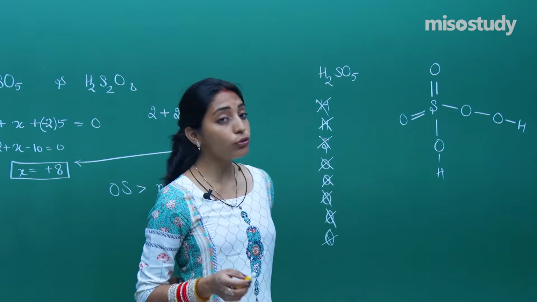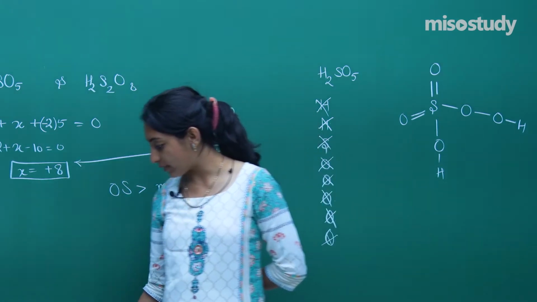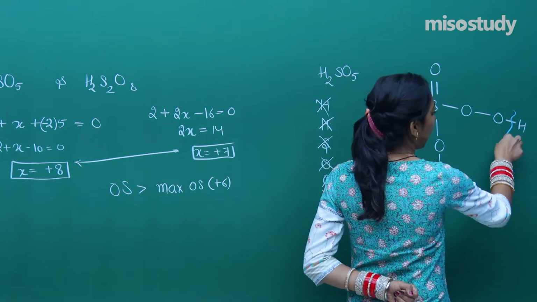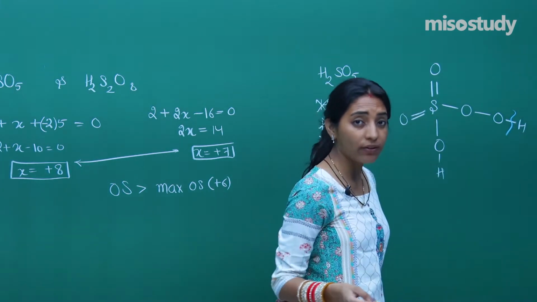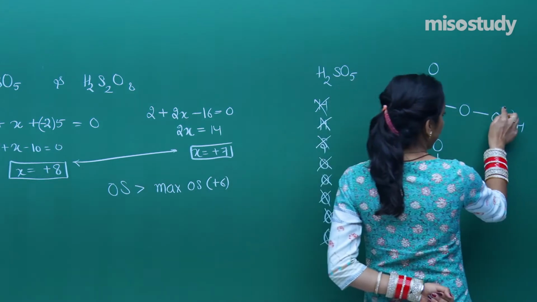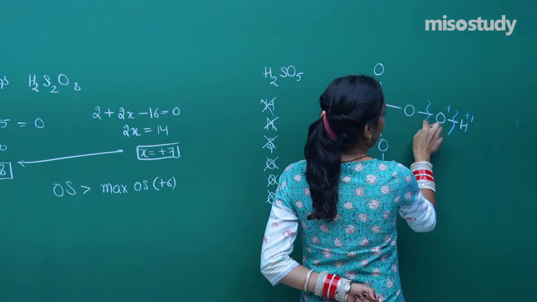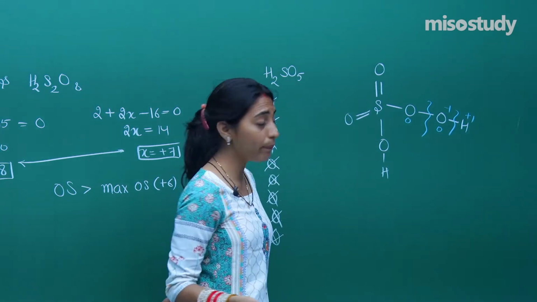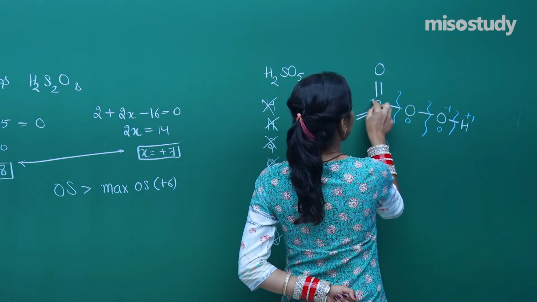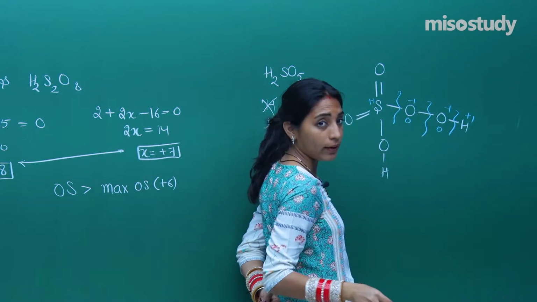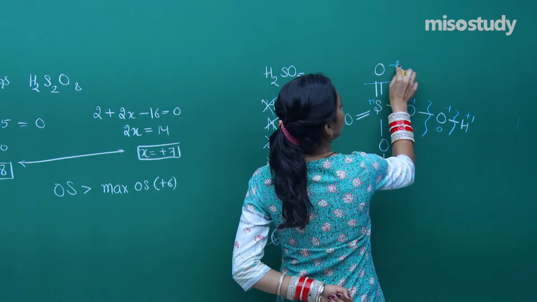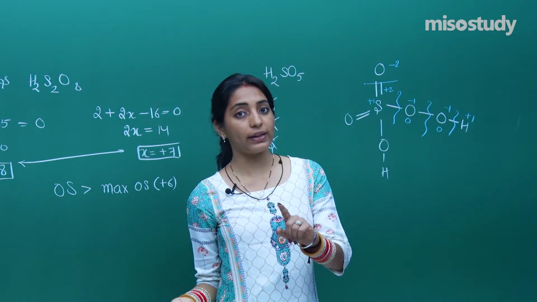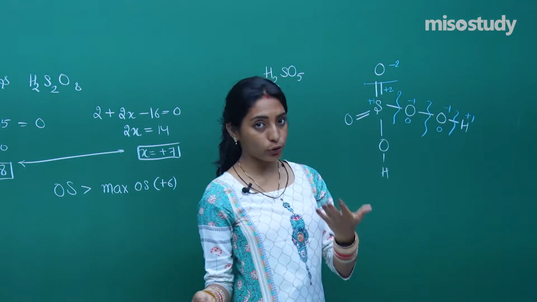Now if I ask you to find out the oxidation state, what you people do, you have to break each bond and give plus 1 to the electropositive and minus 1 to the electronegative. Minus 1 plus 1. Break this bond since both of them are exactly same, so 0 0. Break this, you get plus 1 minus 1. Break this, so minus 2, and with breakage of each single bond you will get plus 1 minus 1. So 2 bonds are there, so plus 2 minus 2.